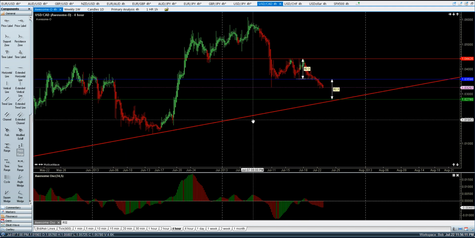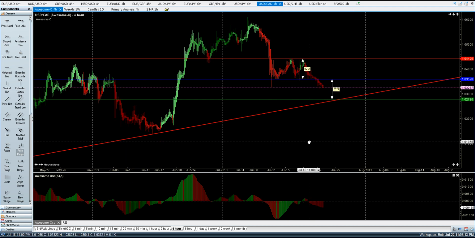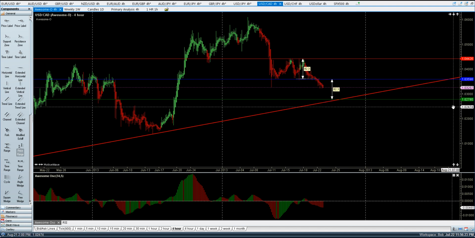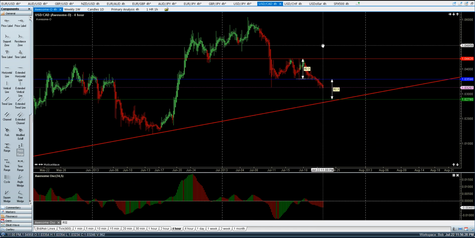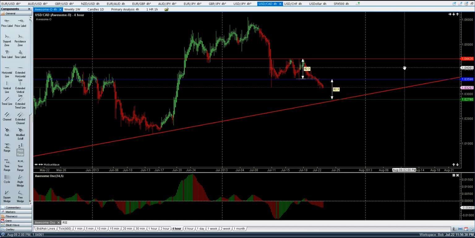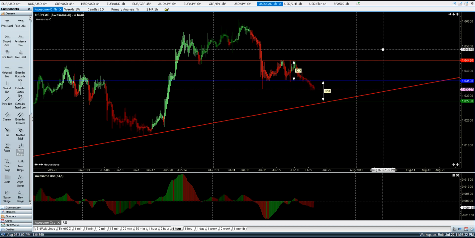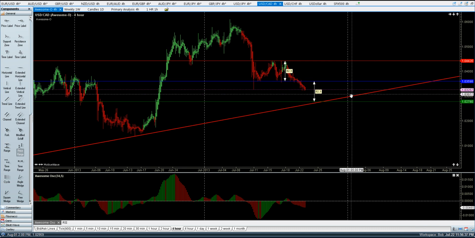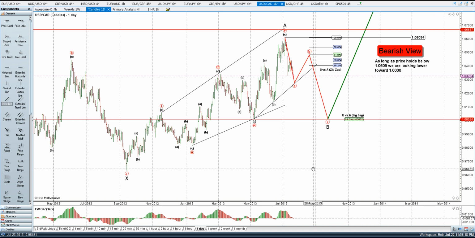And dollar CAD had a zero line cross here that was triggered. 1.036, target 278, right at the bottom of this trend line, pretty close, with a stop at 1.0442. Okay, this is just a quick look at the daily chart.